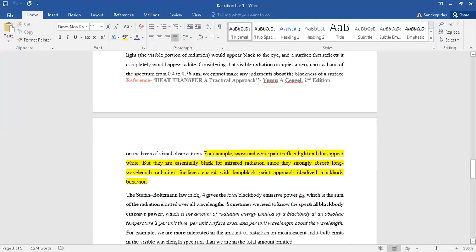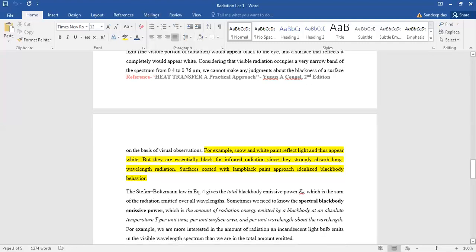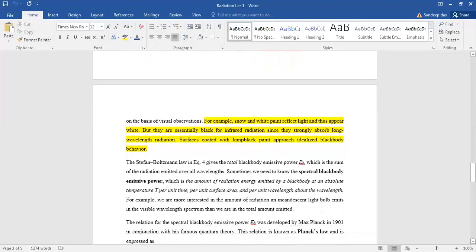Now let's come to spectral blackbody emissive power. The term spectral blackbody emissive power means emissive power at a particular lambda and a particular temperature T per unit time, per unit surface area, per unit wavelength, about that wavelength.